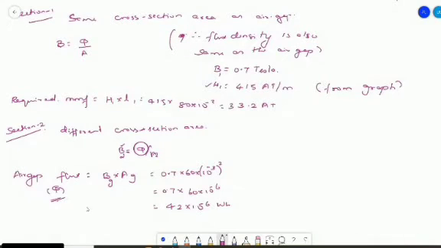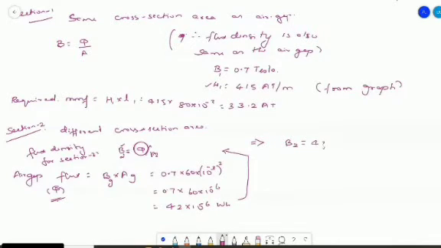Okay, so now when flux is known to us, and we know the area of cross section for this section 2, therefore we will be able to find B2. So the flux density in section 2 can be found. You can directly substitute it here. So we will be getting B2, that is the flux density for section 2.